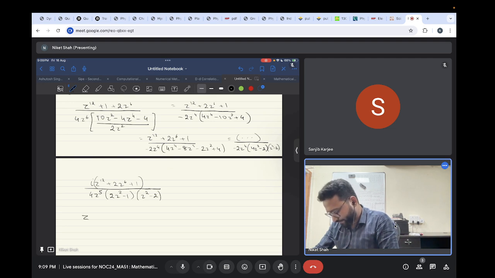So this will be z^12, just one term in the numerator. So z^12 becomes z^7 divided by 4 into (2z^2 minus 1) into (z^2 minus 2).